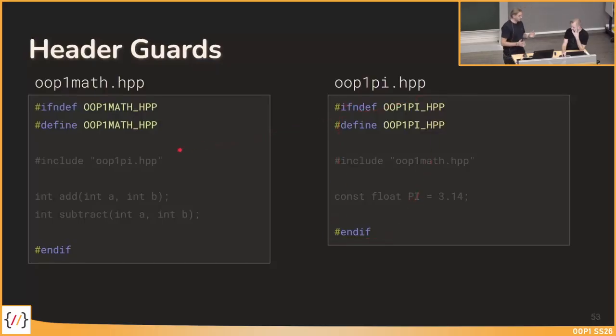We don't need this anymore. So it basically jumps over it. It skips this part. And the same now also for the OOP1 pi header file. Whenever this is already included, it just skips this part. And in this way, we can now prevent this infinite loop. Again confusing, but very helpful, especially if you have a lot of different includes in the different header files.